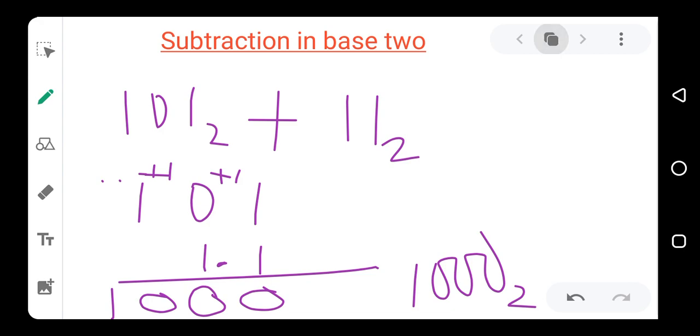Now, if we want to do subtraction, subtraction is pretty much like addition. Only that in addition, we normally divide because we always have something that is more than 1. But in subtraction, we can have something that is less than 1.